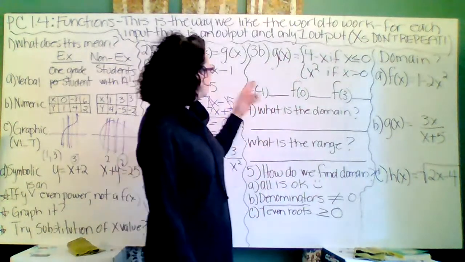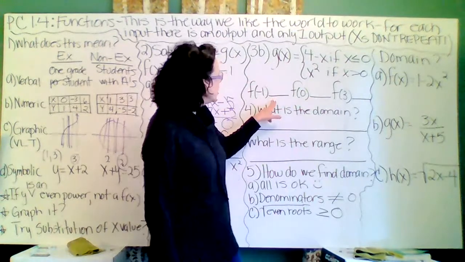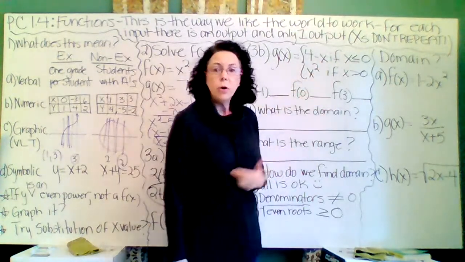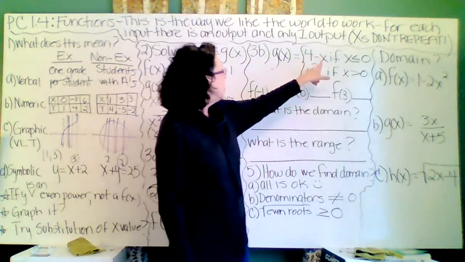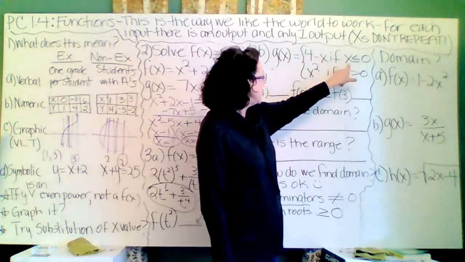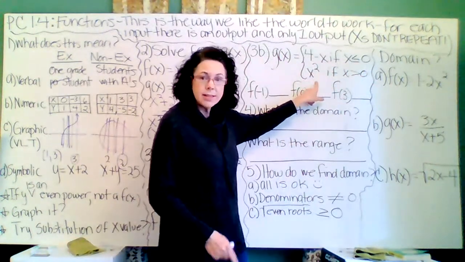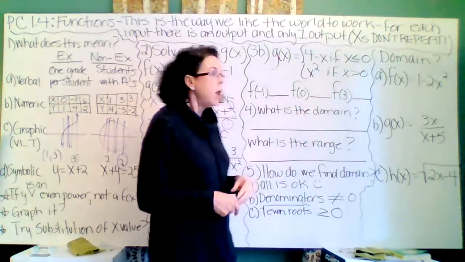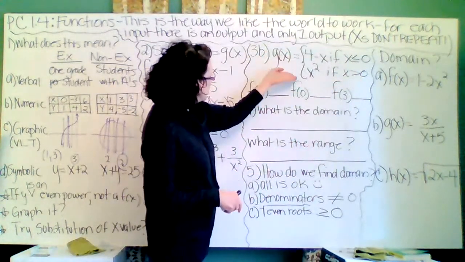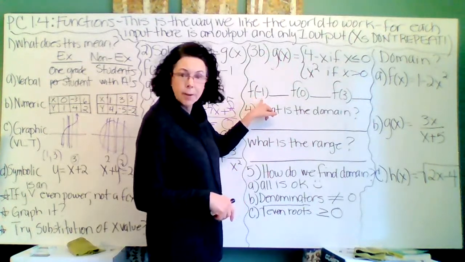All right, so what do we do when they ask us for f of -1? Do we put it into both functions? No, we don't. We said this function is in pieces. We said this line is happening if x is less than or equal to 0. This parabola is happening if x is greater than 0, right? So which one of these functions is going on where x is -1?